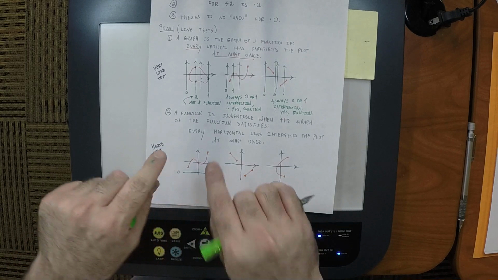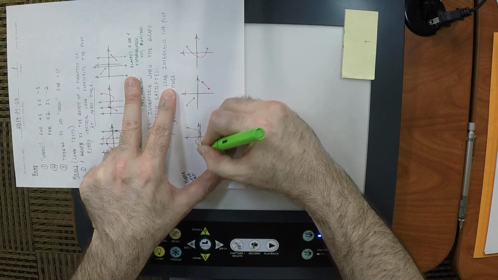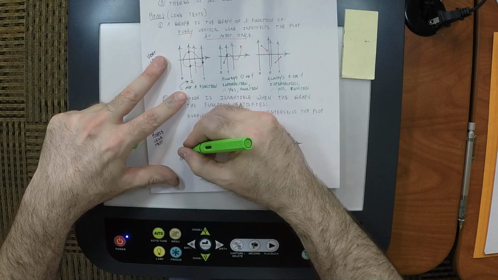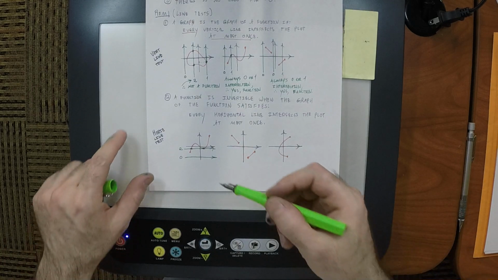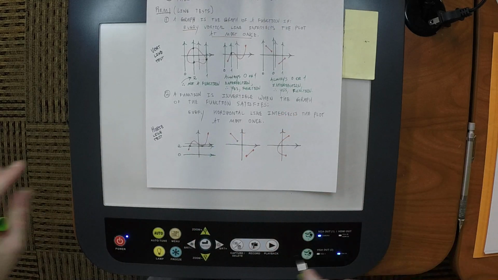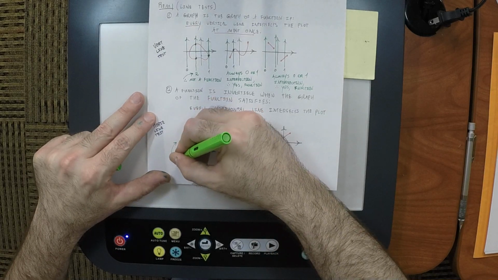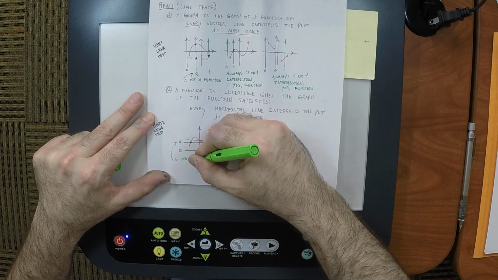So if I take this one and I move it up, then I can move it up to where I've got 2 intersections. Like right there and right there. And then I could move it up even any amount further, and then there'd be 3, and that'd be even, in some sense, even worse. But all that we need is 2. That's enough for us to say, nope, not invertible. So not an invertible function.